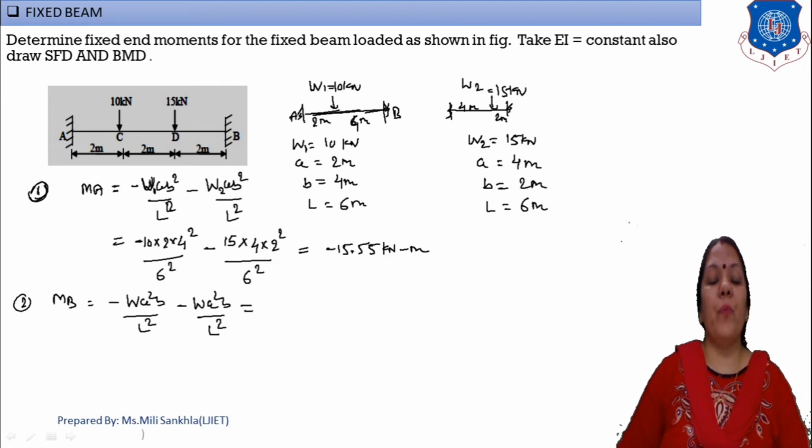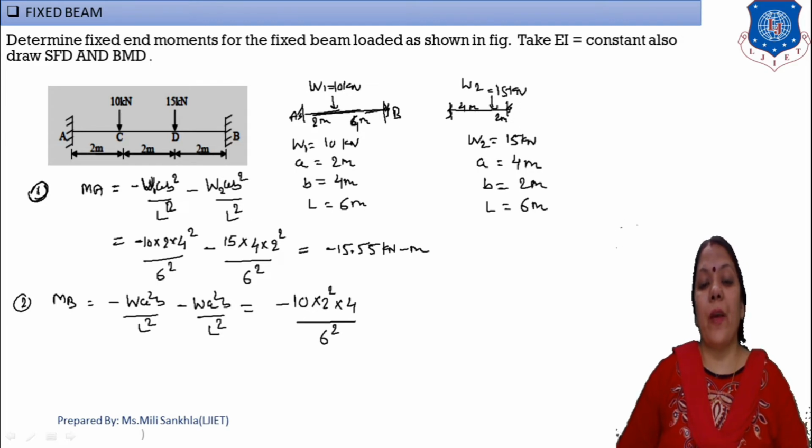For the first case W is equal to 10 into a square, 2 square, and b is equal to 4 meter, L is equal to 6 square, minus W2, which is equal to 15 into a square, our 4 square, and b is equal to 2, divided by 6 square.